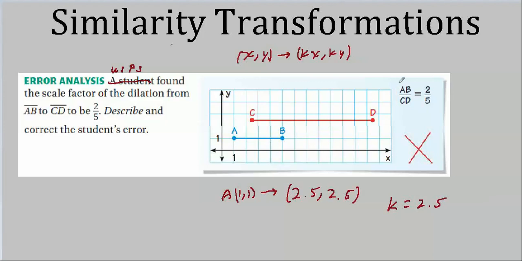And that's kind of an important thing to remember, because this is an easy mistake to make. When you first look at it, it's pretty easy to say that if this is 10, this is 4, 4/10 is 2/5, boom, we're done. No. You have to use the coordinate notation when you're using a dilation factor.